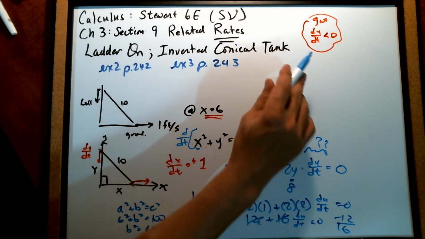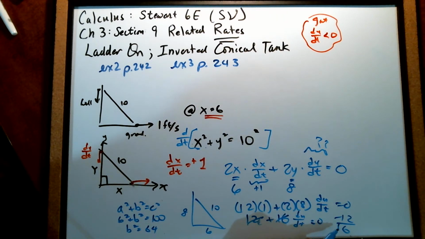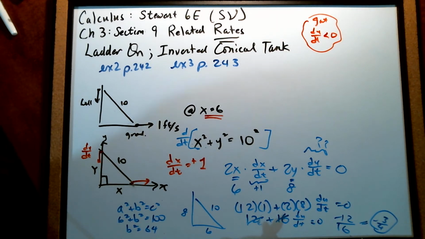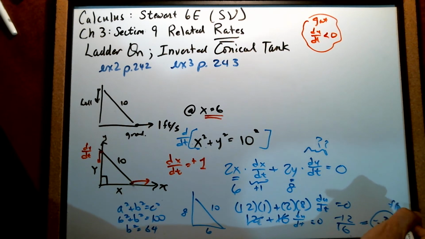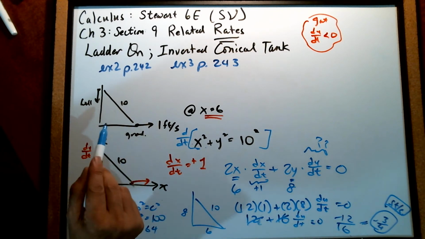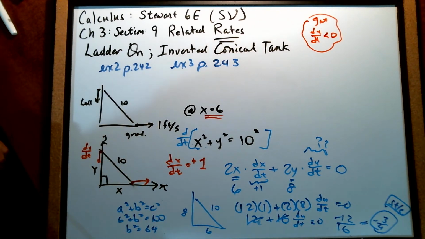Our gut said that it should have been negative, which it is, and it's going to be negative 12 over 16. Just reduce it by 4, you get negative 3 over 4. Does it give you units at all? Yes, it does. It's going to be feet per second. Negative 3/4 feet per second. So let's look at it right here like this.